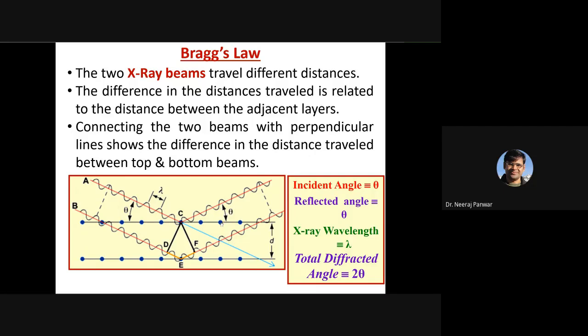So this angle is theta, and this angle is also theta. So the angle between the incident X-ray and the reflected X-ray is 2 theta. That's why we plot 2 theta versus intensity in an X-ray diffraction pattern.